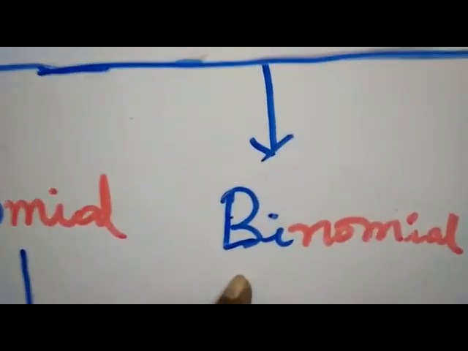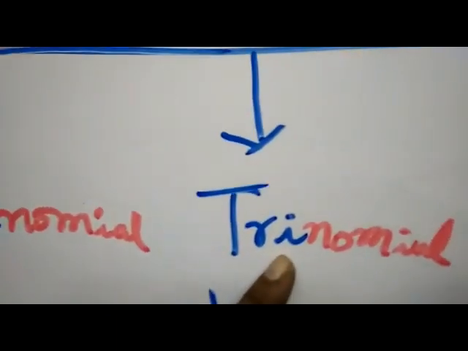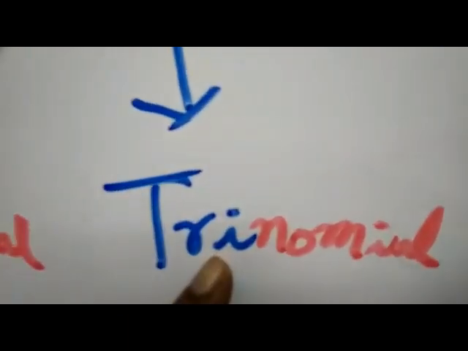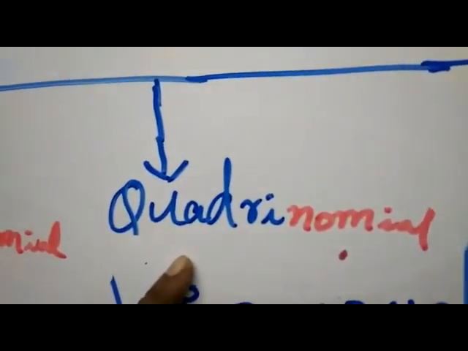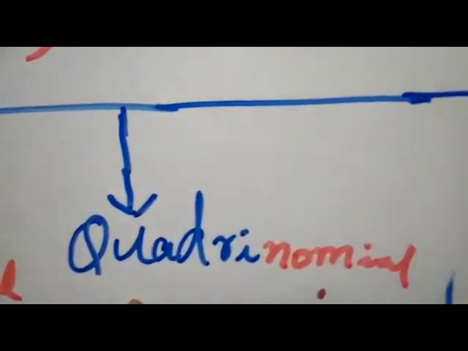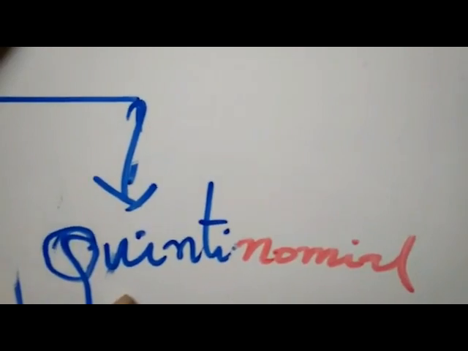A polynomial with two terms is called a binomial. A polynomial with three terms is called a trinomial. A polynomial with four terms is called a quadrinomial. A polynomial with five terms is a quintinomial.